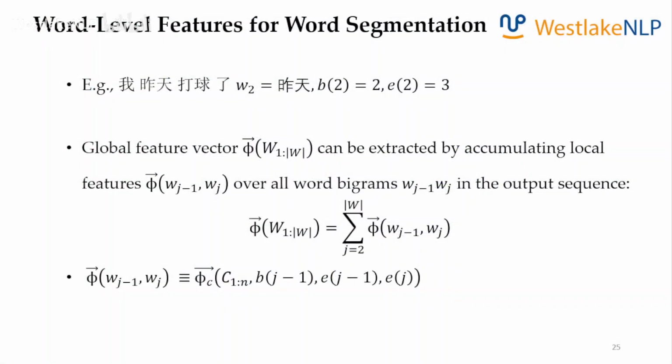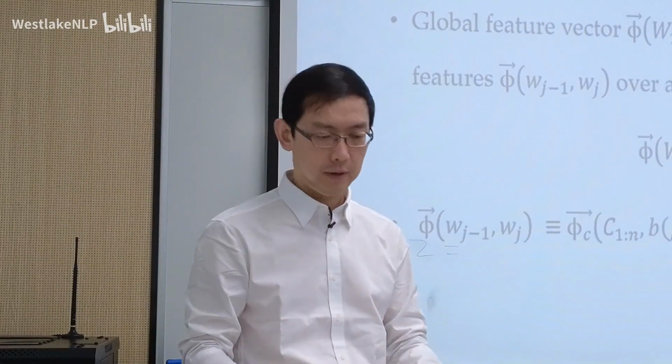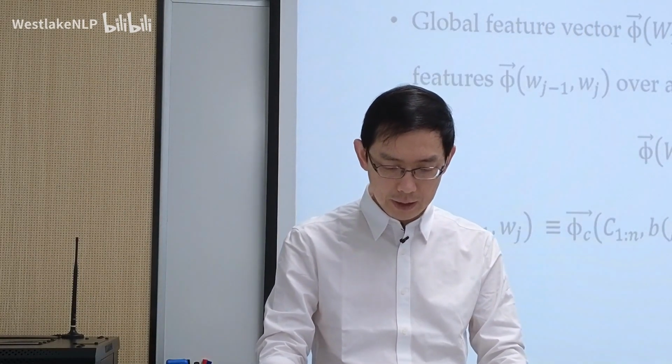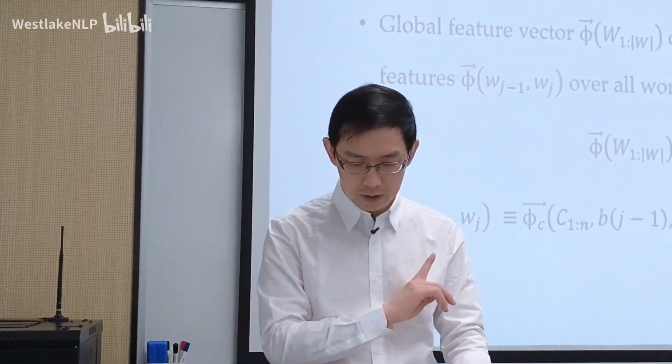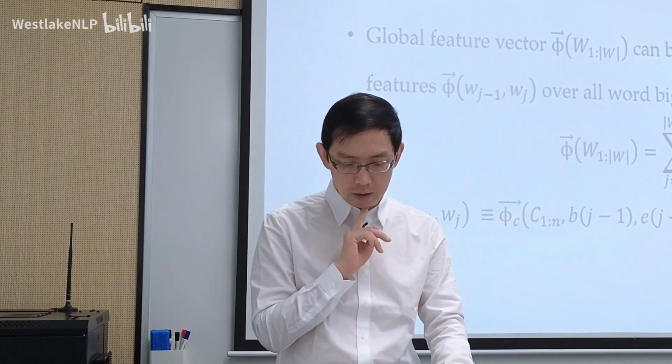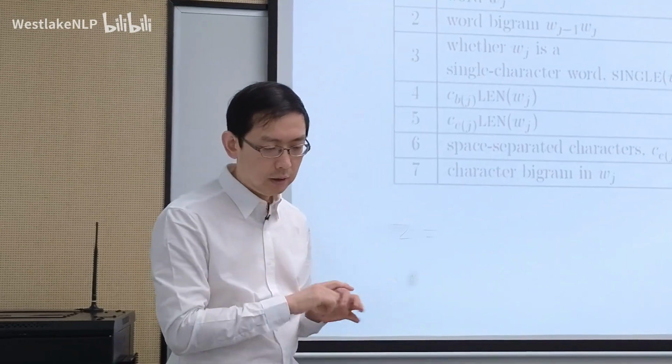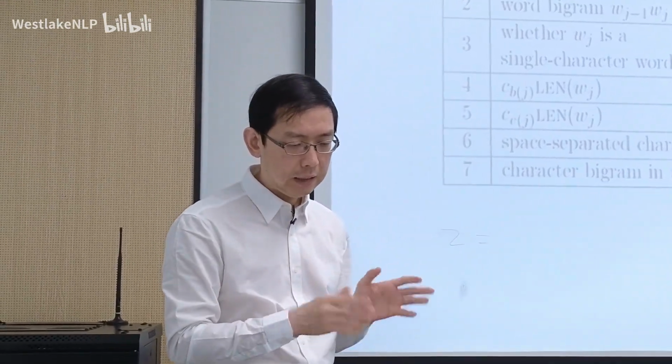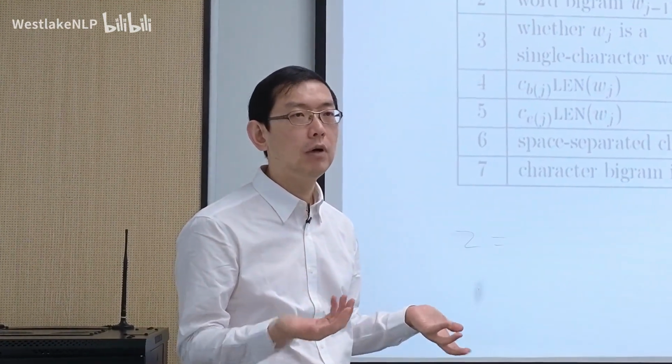The same. Why do I use character indexes? Because later I will derive equations, right? So let's look at one example. Given these, what are the feature templates you can extract? Well, you can extract word, character and length features from word bigrams.